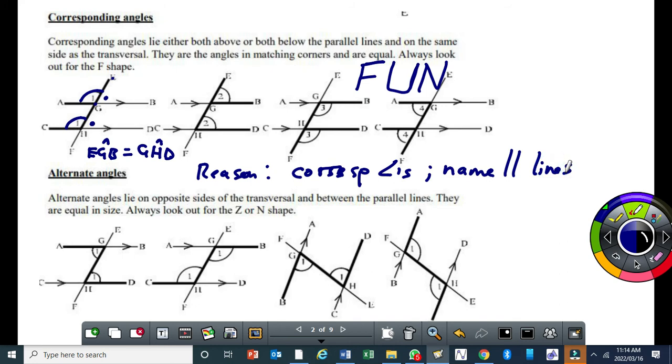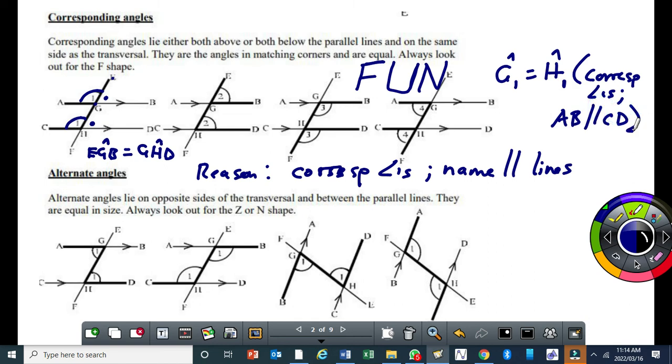For example here, I can say G1 is equal to H1. My reason will be corresponding angles. Then I need to state the lines that are parallel. In this case, AB is parallel to CD.